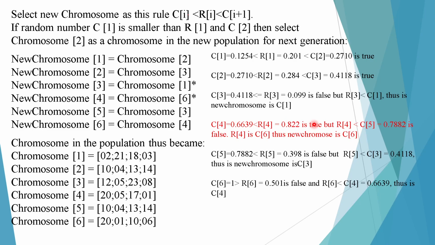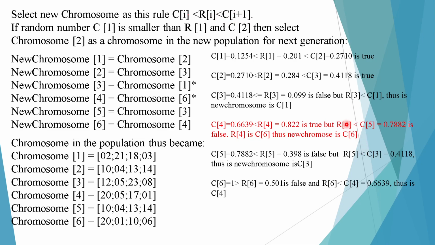However, R4 less than C5, which is 0.7882, is false. R4 is not less than C5. Hence, we cannot assign the new chromosome 4 to be equal to chromosome 5, because the first part is true, Ci less than Ri, but Ri is not less than Ci+1.